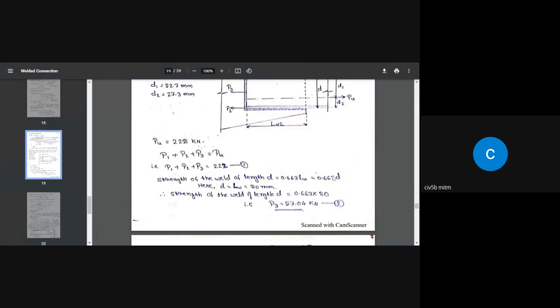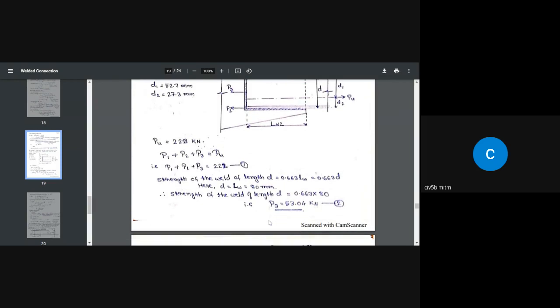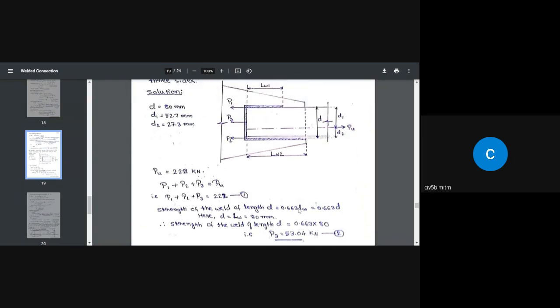Here LW is the effective length of the weld, which is equal to D. So substitute D equal to 80 mm. Once we do that, we get the value 53.04 kilonewton. What it means is, when you provide weld, the design strength of the weld of length 80 millimeter is 53.04 kilonewton.